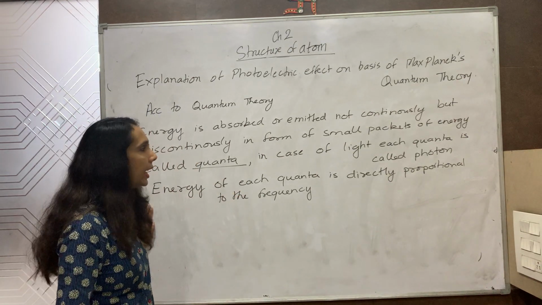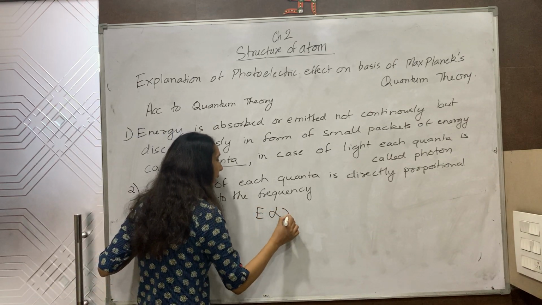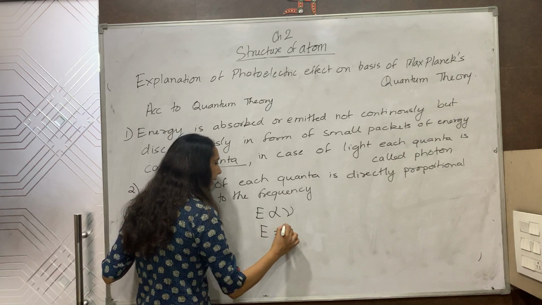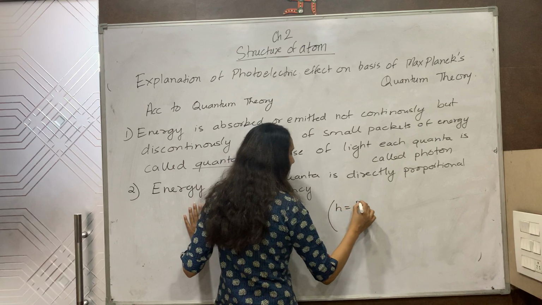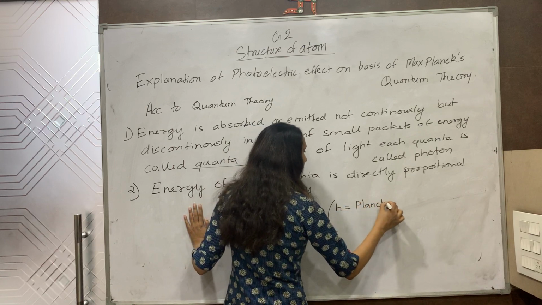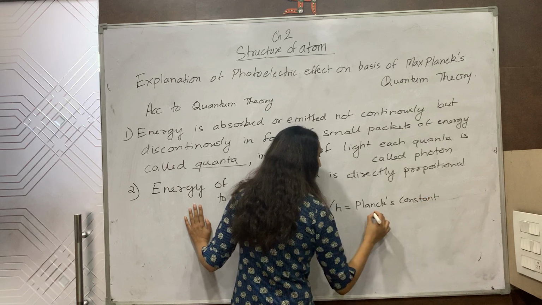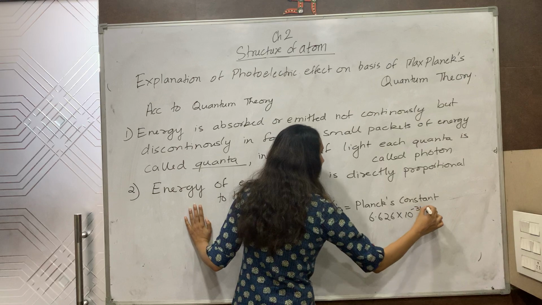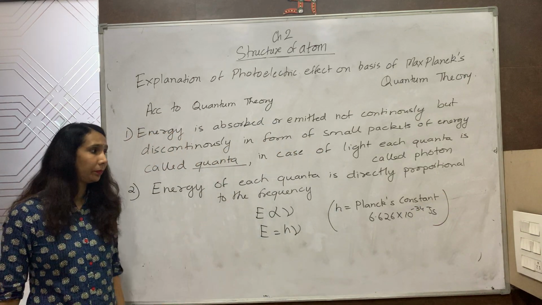But here it is saying that energy is directly proportional to frequency nu. And when we remove the proportionality sign, we get the constant h. h is called the Planck's constant, having the value as given here. This is the value for the Planck's constant.